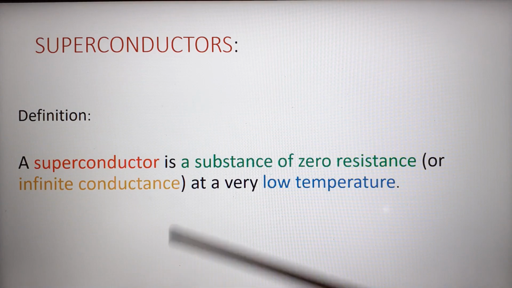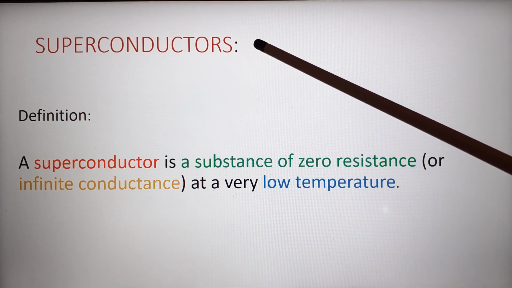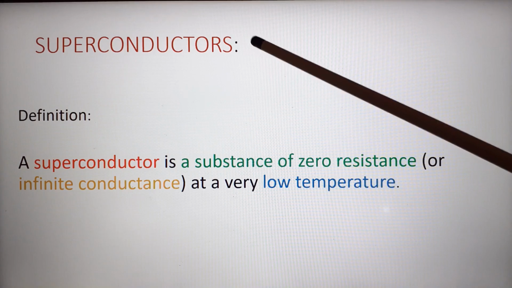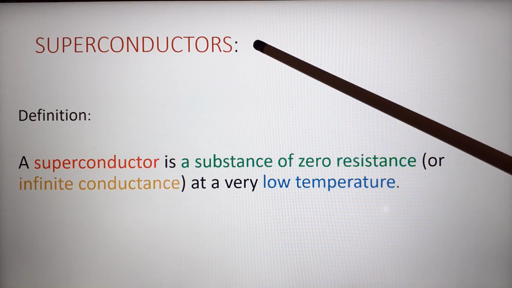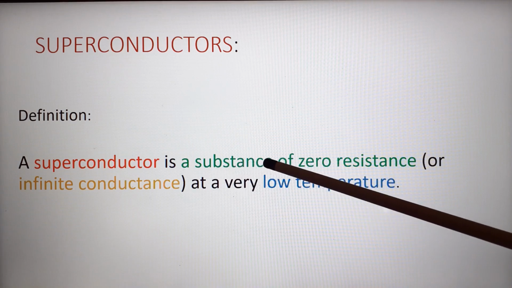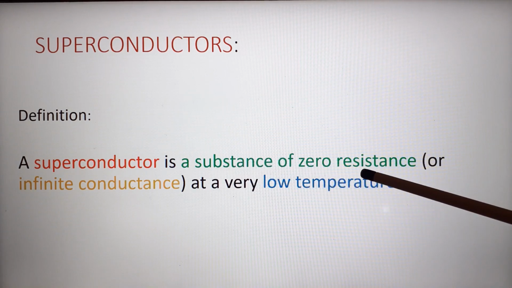Now let's go on for the last subtopic named superconductors. Now name suggests superconductors. It means such a conductor which is having very high conductivity. In our day-to-day life, to construct these superconductors is very difficult because it cannot be manufactured at a normal temperature. A superconductor is a substance of almost zero resistance.